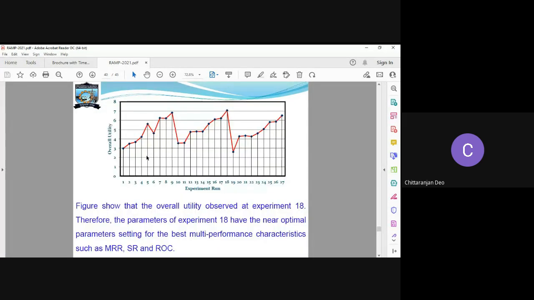Here we are representing it in a graph. So the utility value is highest at experiment run 18.